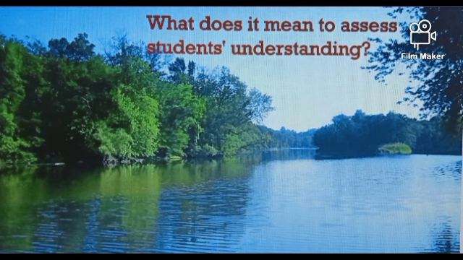Now, the teacher in assessing students' understanding must recognize various meanings and interpretations of concepts. And the teacher, mathematics teacher, must be able to identify properties and common misconceptions.